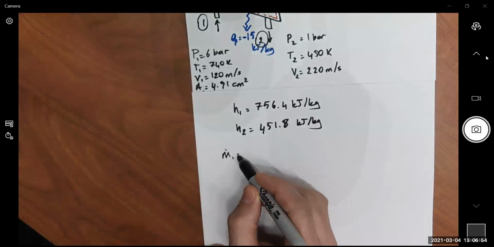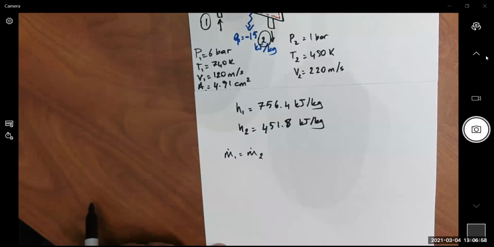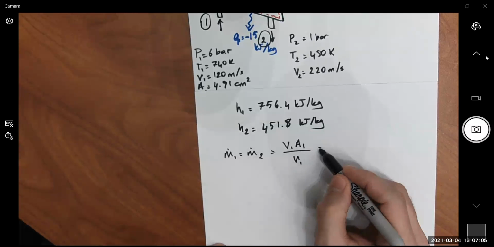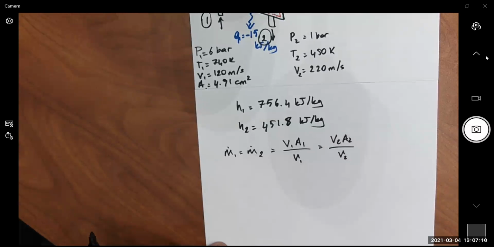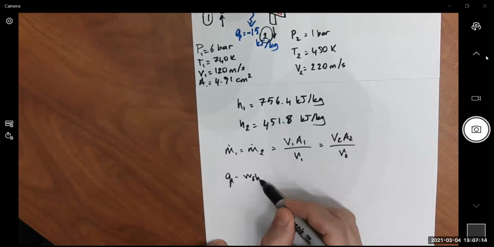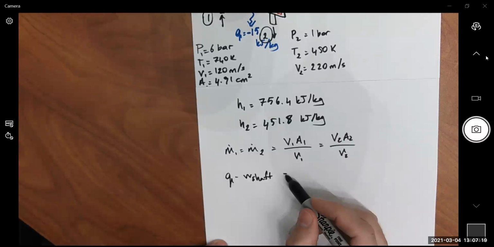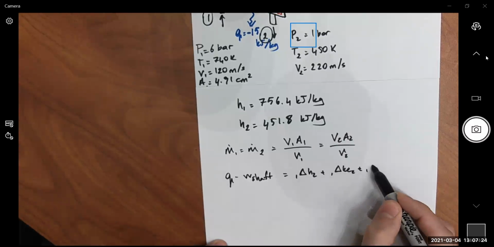For one inlet, one outlet, right? Mass flow rate at the inlet equals mass flow rate at the outlet, m1 equals m2, which is A1 V1 over v1 equals A2 V2 over v2, with v the specific volume. And I also know from the first law of thermodynamics, for one inlet, one outlet at a steady state system, Q minus work shaft equals enthalpy difference plus kinetic energy difference plus potential energy difference.